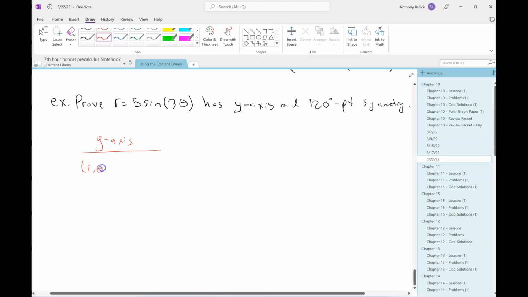To do y-axis symmetry, I have to replace r, theta with negative r and negative theta. So I'm going to take my original equation, and where there was an r, I'm going to write a negative r. And where there was a theta, I'm going to write a negative theta.